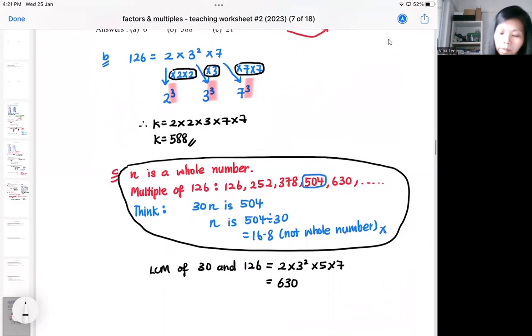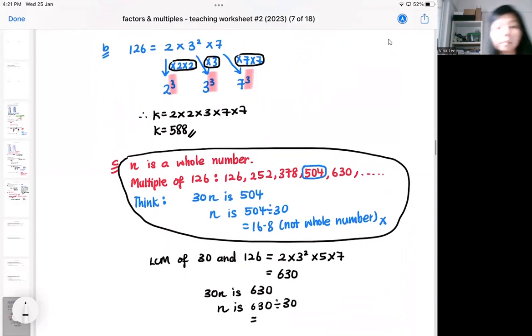After you get the LCM, 30n is 630. n is 630 divided by 30, and that's how you actually get a whole number. So you can choose any multiple of 126, but you may not get n as a whole number.